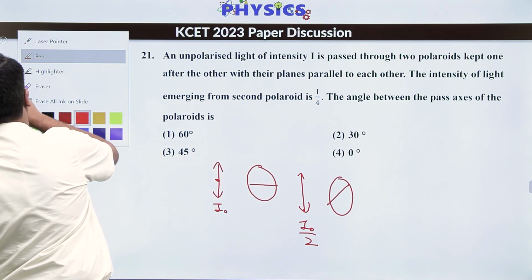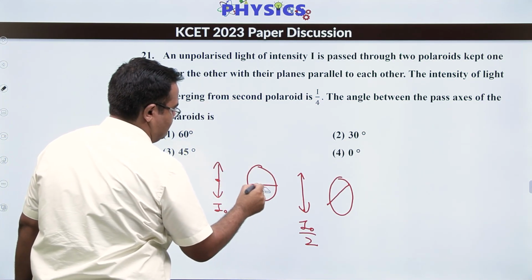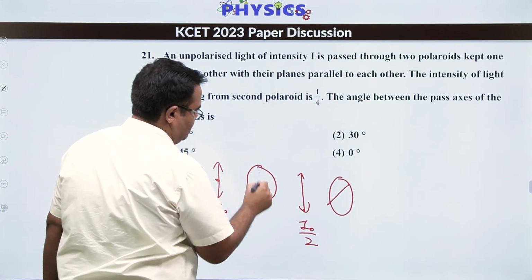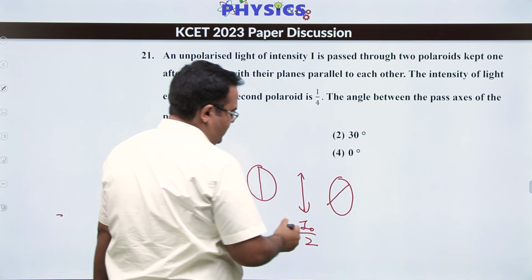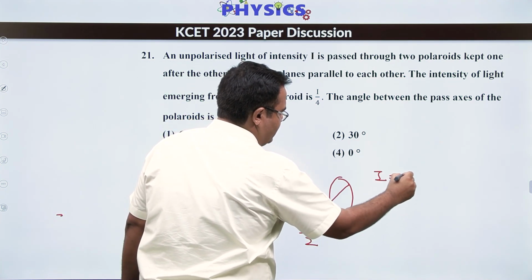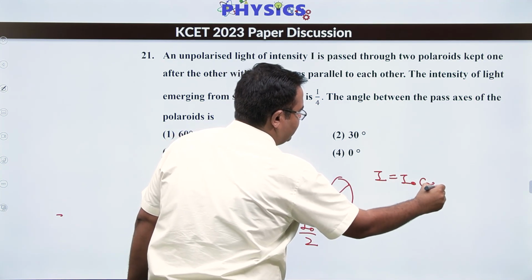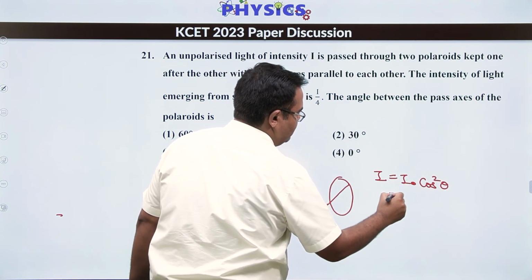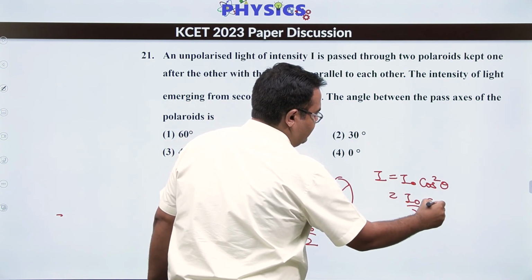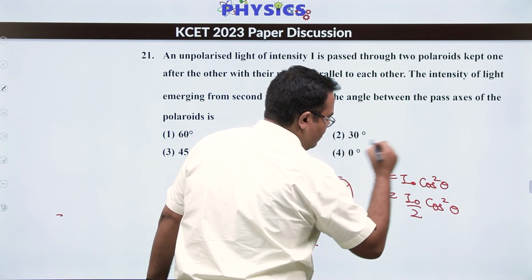Then we know the formula that I is I naught cos square theta. So we will put I naught as I naught by 2 and theta is what we have to find out. This is law of Malus.